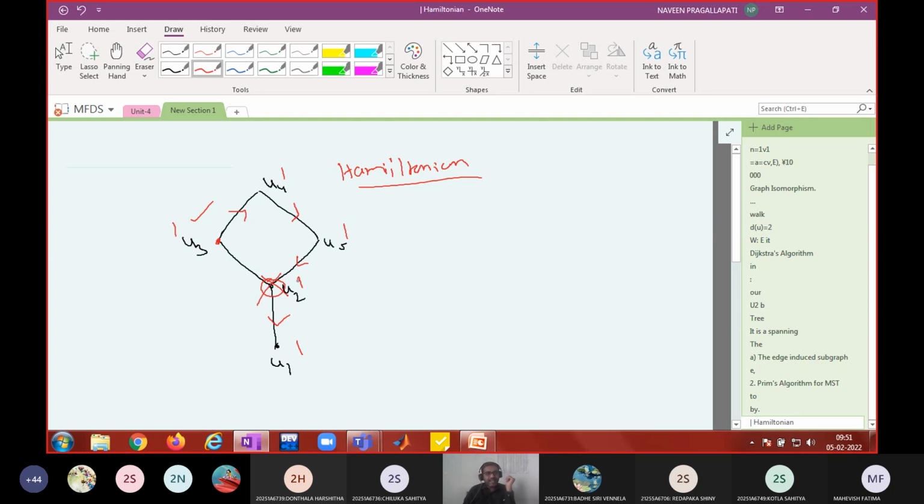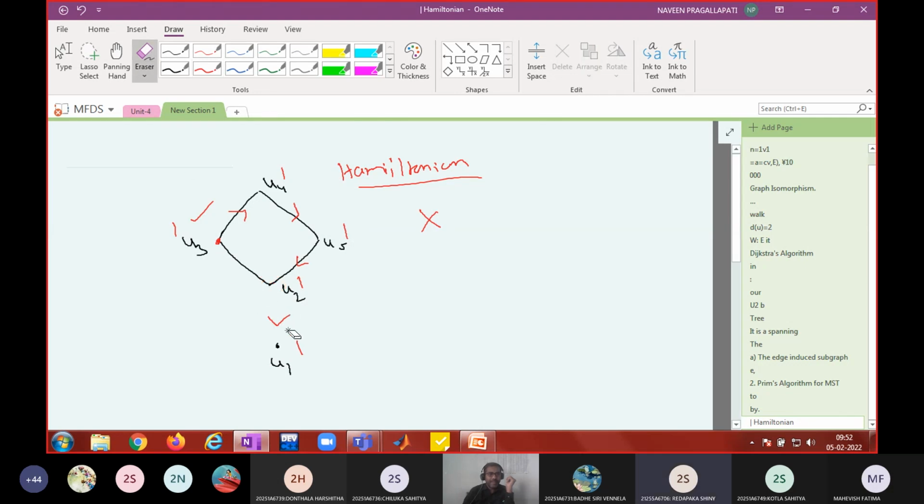A closed walk exists, U1 to U2, U2 to U3, but a Hamiltonian cycle does not exist. Whatever vertex you start with, therefore this cannot be Hamiltonian. Am I right? Do you agree?